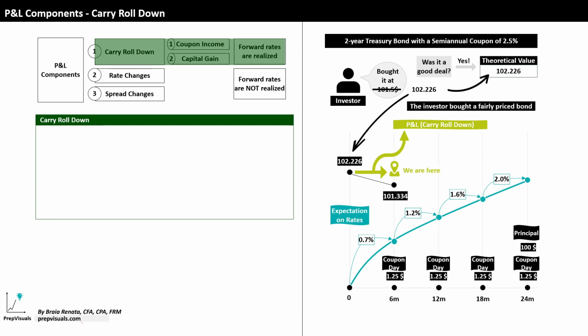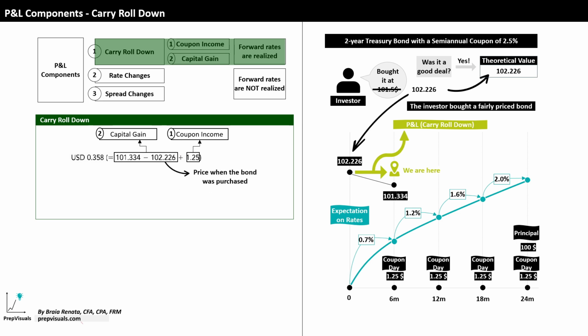So this is the calculation of the carry rolldown, and as you can see, this component over here is the coupon income, and this component over here is the capital gain. This value over here is the price when the bond was purchased, and this value over here is the price of the bond after 6 months.